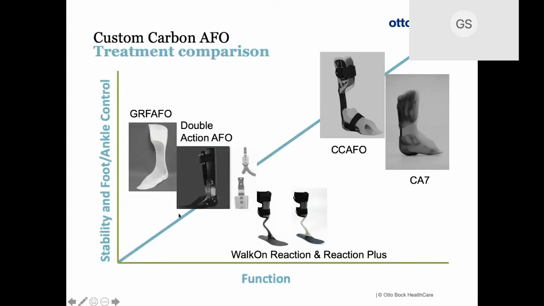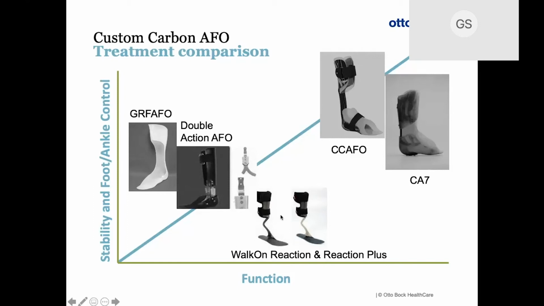So we have this nice little graph that kind of shows the relationships between what we have in terms of orthotic design and polypropylene or copolymer. And then we have ground reaction AFO and double action AFO where we can adjust that. But really we're stopping gait at a certain point. It is adjustable, but it's not necessarily responding to the dynamic movement. We also have off-the-shelf devices.